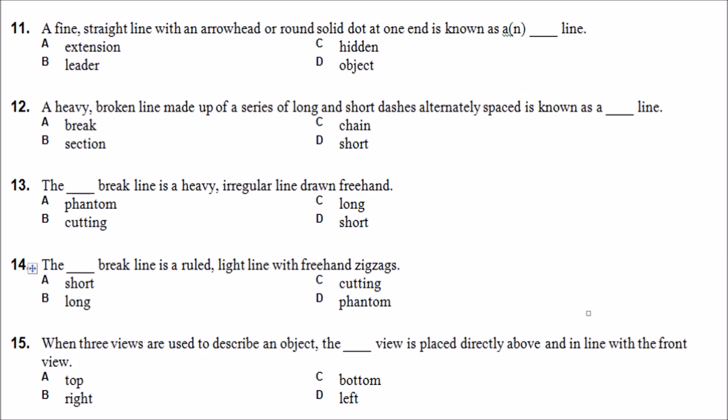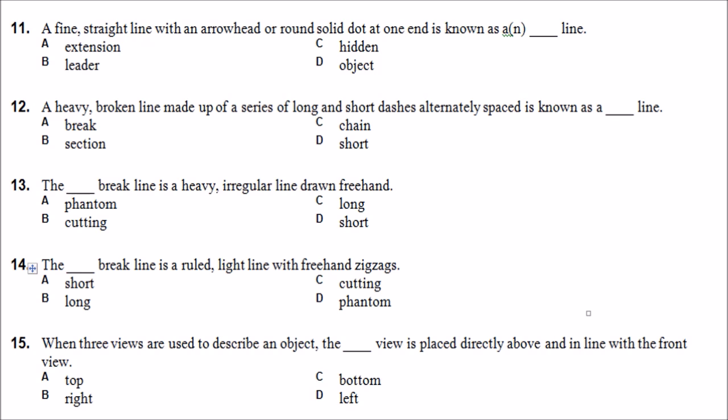Number 13. The blank break line is a heavy, irregular line drawn freehand. That is a short break line. Number 14. The blank break line is a ruled light line with freehand zigzags.